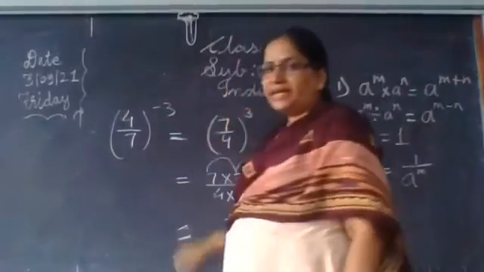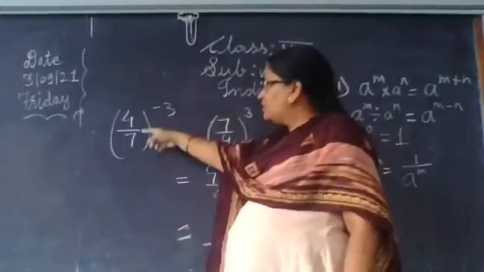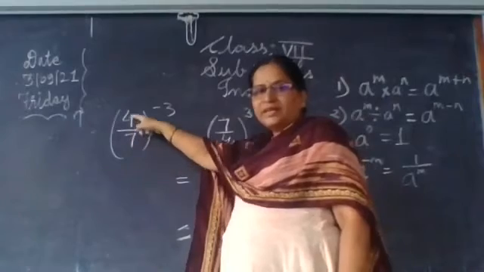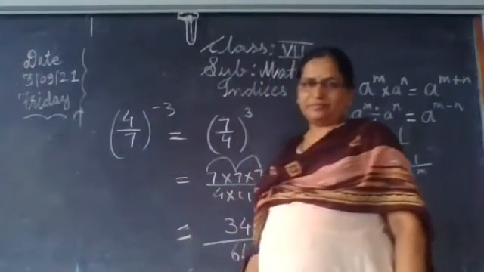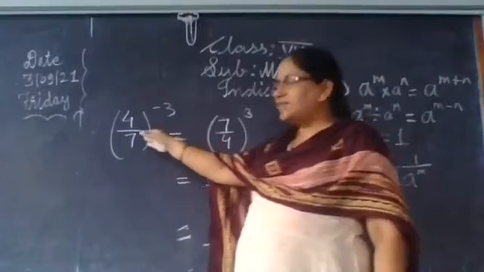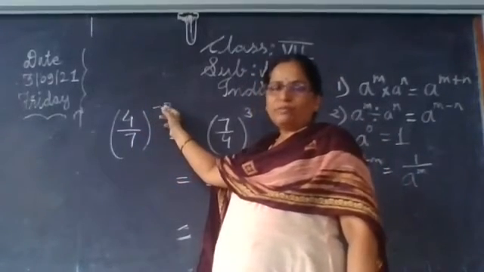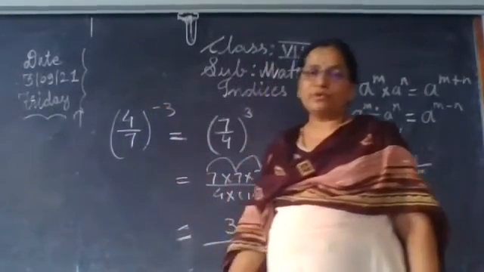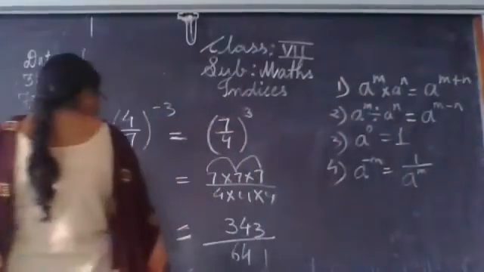So you can directly make this power positive just by taking the reciprocal of this fraction or rational number. So first take the reciprocal of this rational number and the power becomes positive. Got it, beta? So let's see one more example.